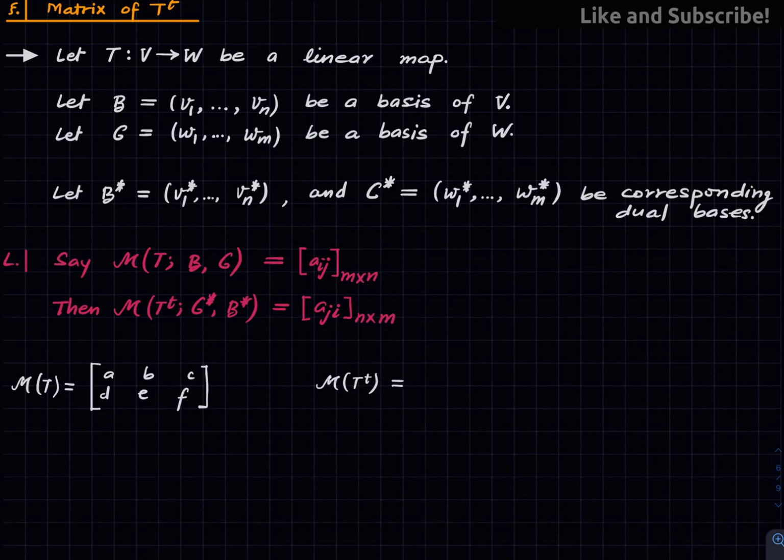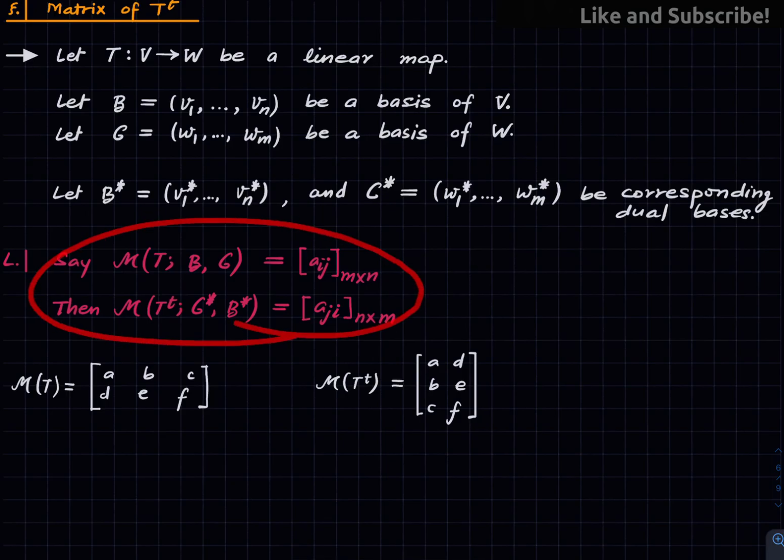The matrix of T transpose would be this thing. That would be the matrix of T transpose. So that's what this theorem is saying. And the proof is routine, just follow the definitions. No ingenuity, no creativity, nothing is needed. Just follow the definitions. It's good practice to prove such things. The definitions actually sink in once you do them.